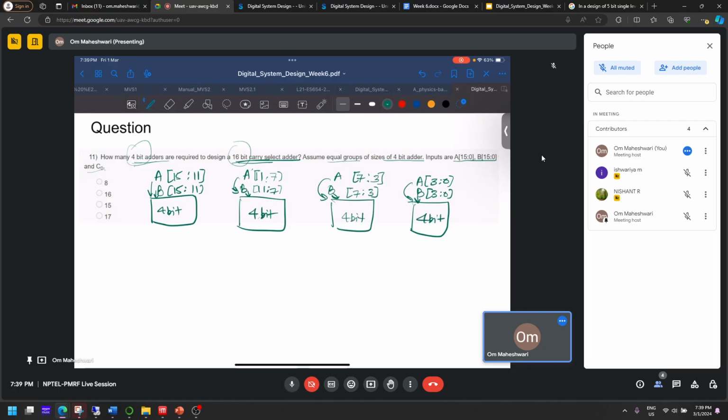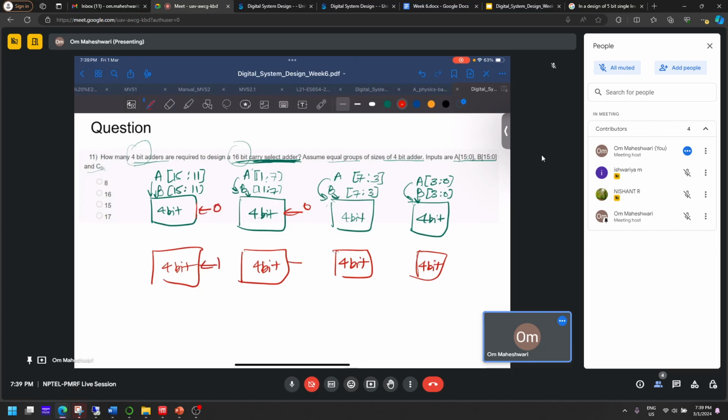Right. Now one thing we know about carry select adders that is special is the redundant units that they have. It will have exactly the same 4-bit adders. One of them will have Cin 0, one of them will have 1. 0, 1, 0, 1 and 0 and 1.